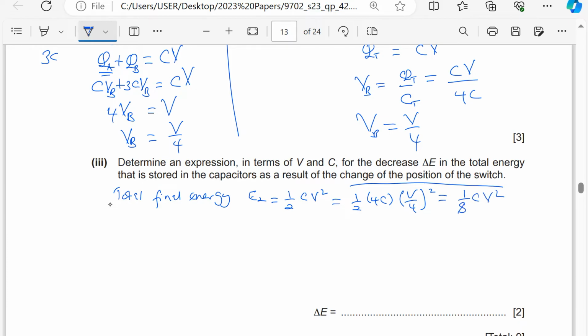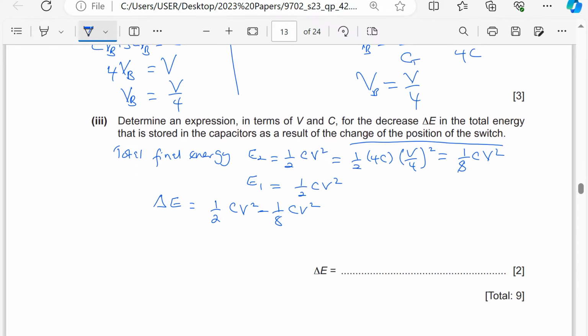That is the total energy after. Then the initial energy, E1, remember it was a half CV squared from the previous part of the question. The question was to determine the decrease in energy. So this is a half CV squared minus 1 over 8 CV squared.